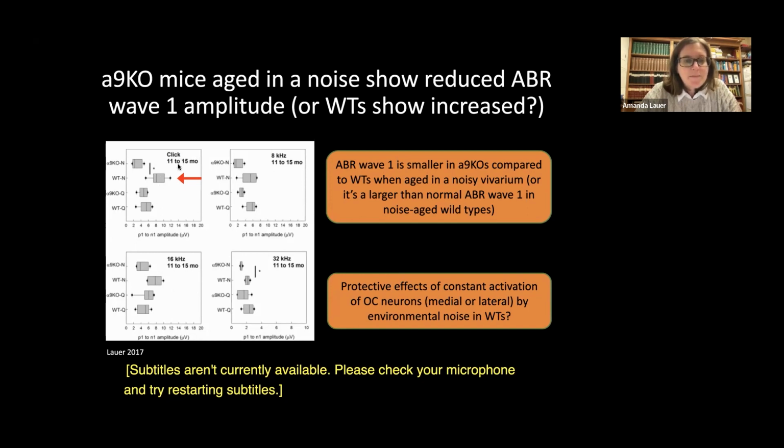This was significant for a broadband click and for higher frequency sounds, but you can see the effect is really there for all the frequencies we tested. However, if you look really closely at the data, it's not so much that the knockout mice in noise have lower amplitudes than the other groups, but rather that the wild types housed in noise had better wave 1 amplitudes than the other groups.